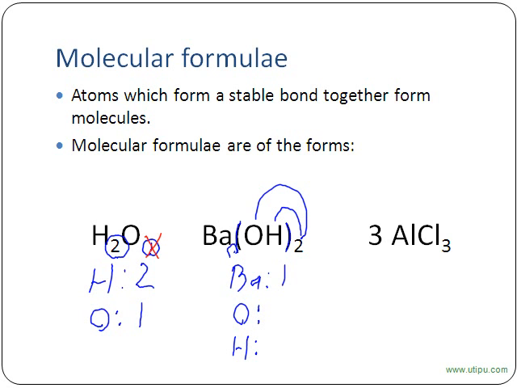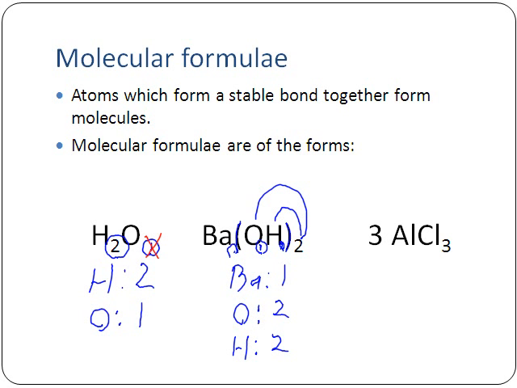There's no number after the oxygen either, but since the 2 talks to everything in the parentheses, there's the implied 1 times 2, which gives you 2 total. Same thing for the hydrogen: the implied 1 times 2 gives you 2. So there's 1 barium, 2 oxygens, and 2 hydrogens.